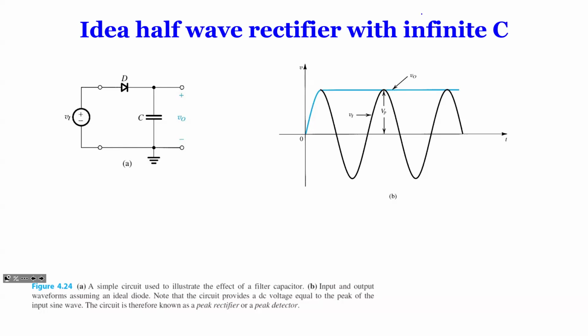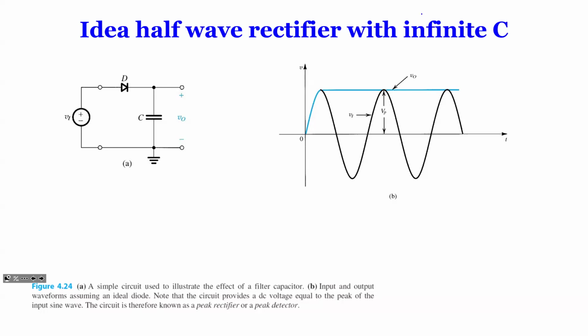But eventually the current is going to reduce, and the voltage of C is going to increase until it reaches almost the same as the input. It might still have a little bit of difference because the diode has some voltage drop. Remember, we said 0.7 at 1 milliamp, but if the diode does not have any current, it is not going to have a voltage drop. So eventually, if you wait long enough, the output voltage VO is going to be the same as VI peak.